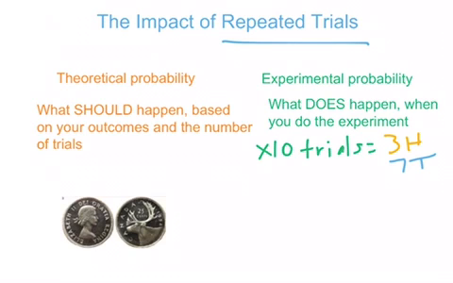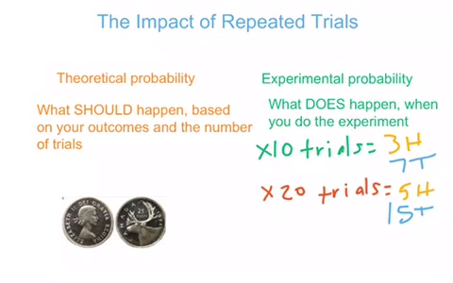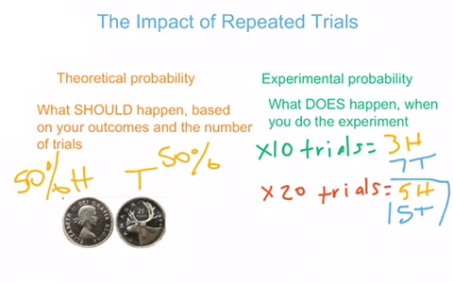But if I continued to repeat that trial for a total of 20 trials, I ended up with 5 heads and 15 tails. Now, I'm still not 50-50, which is what I would expect because I only have two outcomes. I have heads or tails. So I would expect that 50% of the time or half the time I would get heads and 50% or half the time I would get tails. I'm not there yet, okay? 5 and 15, not 50-50.